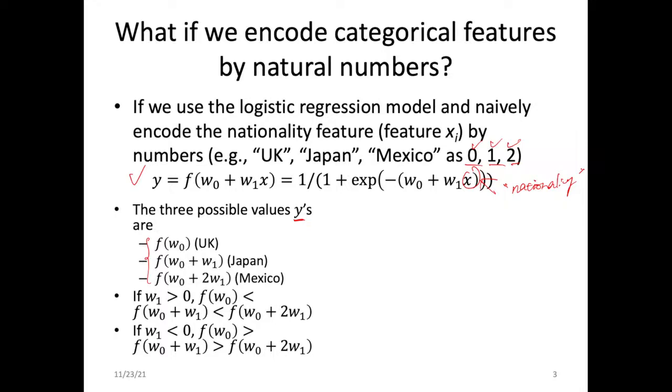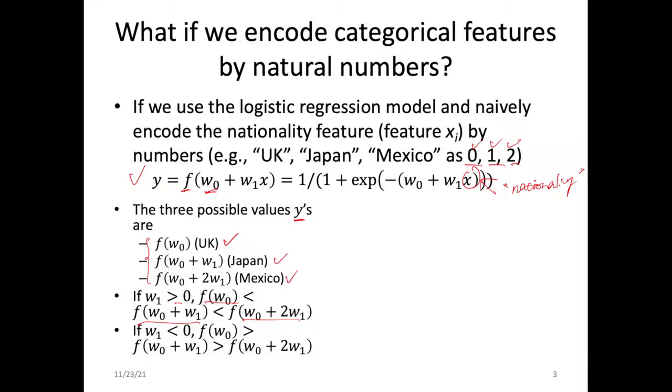If someone is from UK, then you will end up having f of W0. If someone is from Japan, you will have f of W0 plus W1. If someone is from Mexico, you will have f of W0 plus 2W1. Then again, if we assume that W1 is positive, then f of W0 is definitely smaller than f of W0 plus W1, which is smaller than f of W0 plus 2W1.